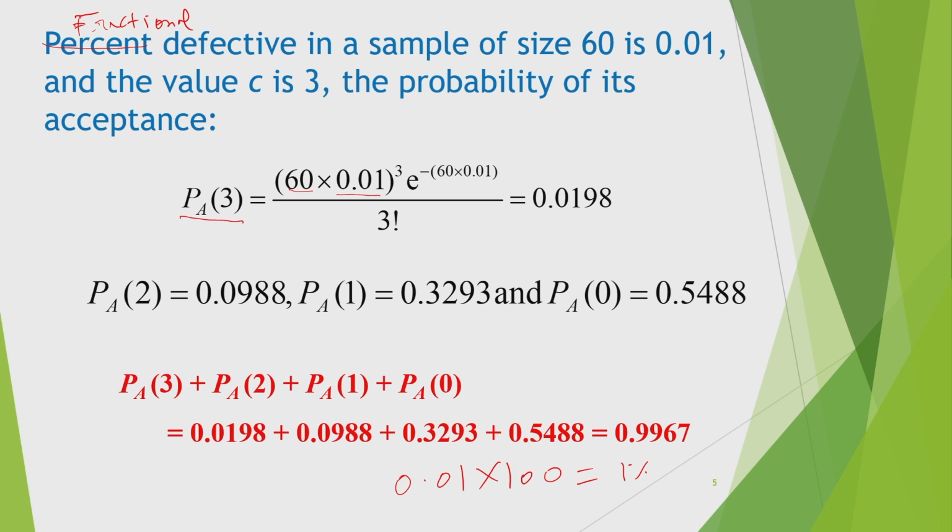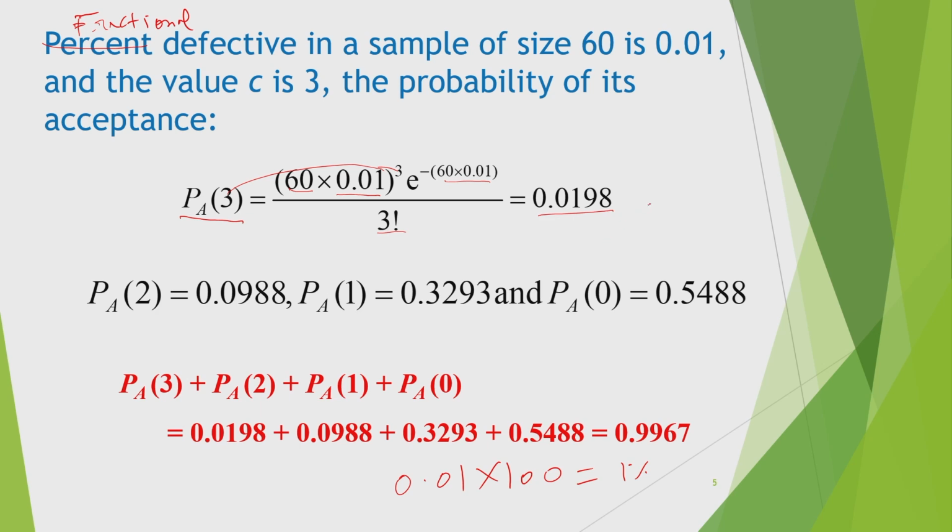In a way, np means that on average there will be 0.6 defects, and to the power 3, because this is 3. So this 3 goes here, and e to the power minus 60 into 0.01. So this is always 60 into 0.01, divided by factorial 3. So this becomes 0.0198. That means that the probability is very small.